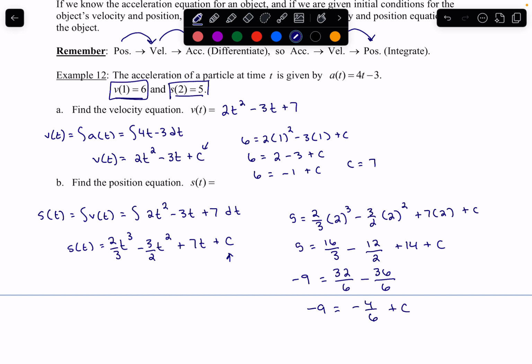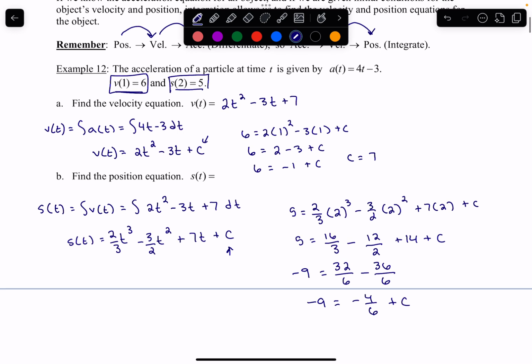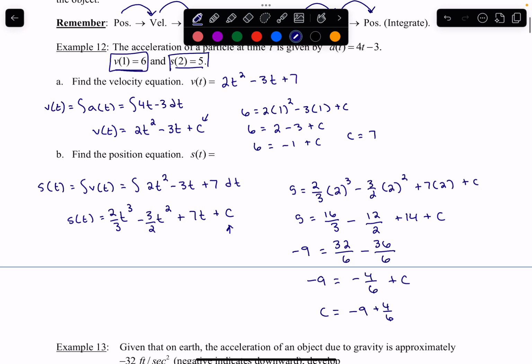So if I add 4 sixths to the other side, c equals negative 9 plus 4 over 6. And if you wanted to turn that into all sixes, negative 54 over 6 plus 4 over 6 equals negative 50 over 6. That is not a nice c value.